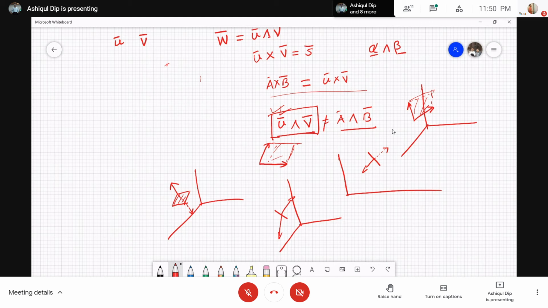So any idea what would be represented by alpha wedge beta then? Remember, alphas and betas are like infinite surfaces, stacks of surfaces. In 3 dimensions, what would it be?